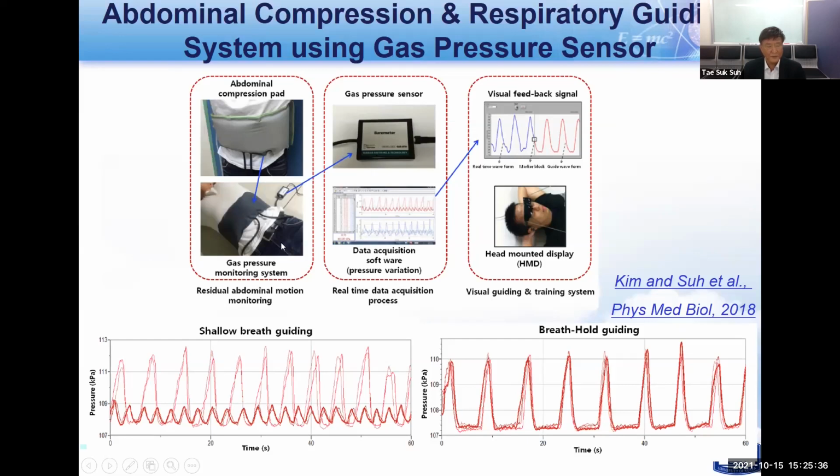So we expect the system to improve the quality of respiratory motion management because of its capability of providing a real-time surrogate signal on the compression and enabling visual biofeedback.